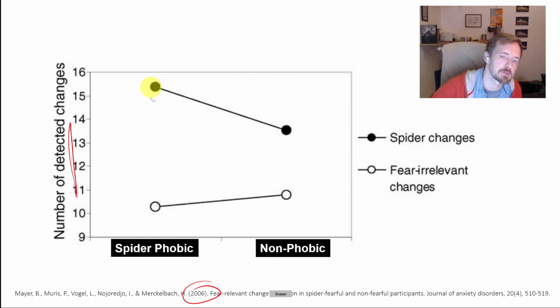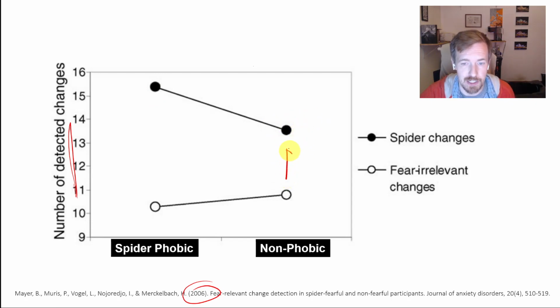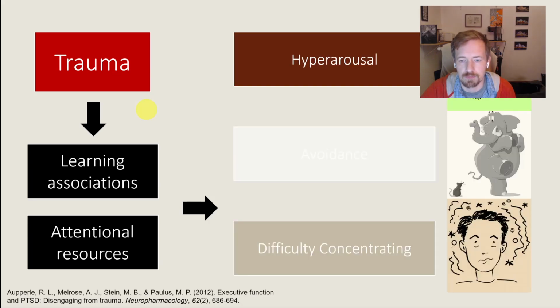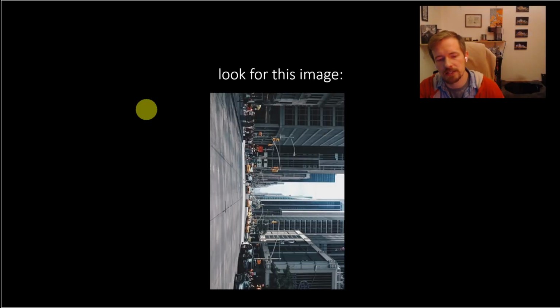So people that were spider phobics were better able to detect the change when it was spider related. When it was spider unrelated, we still see an increase here, which is really interesting. Maybe that tells us something about our innate fear of spiders, but not as much as the difference for spider phobics.